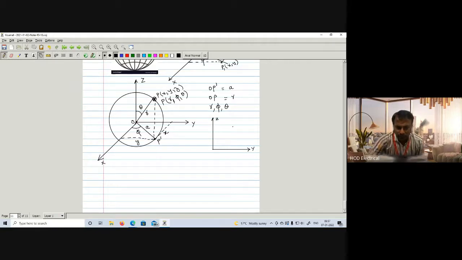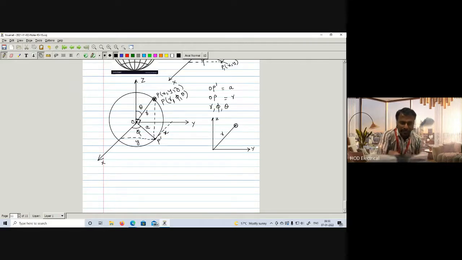Now we have seen this point is nothing but the radius, the distance r. I already told you this is the xy plane, so this angle will be 90 degrees, since this is in the xy plane.